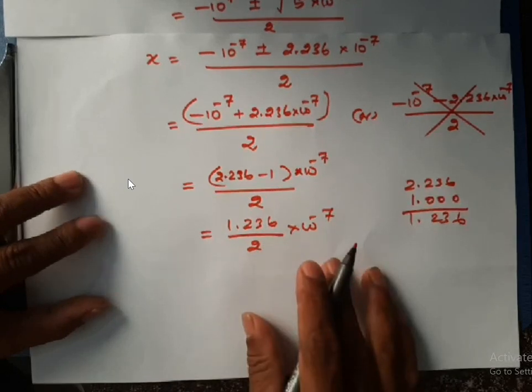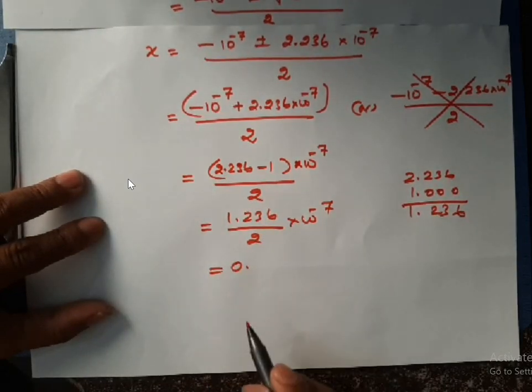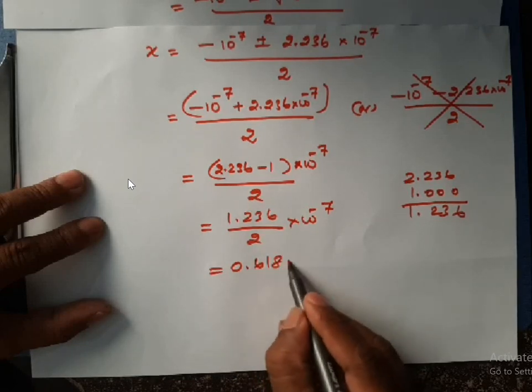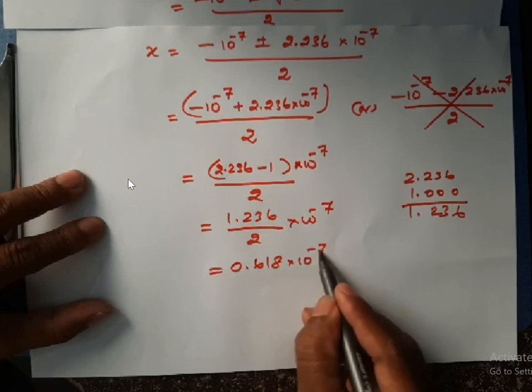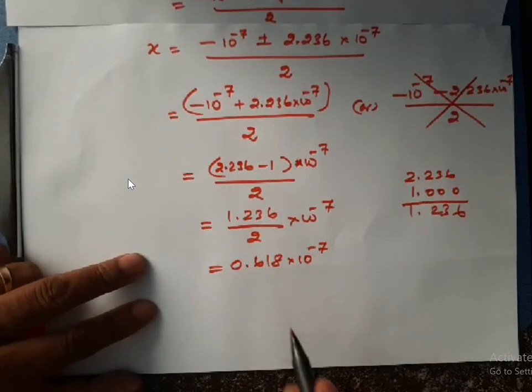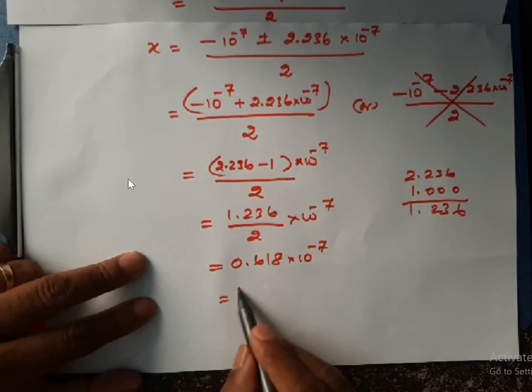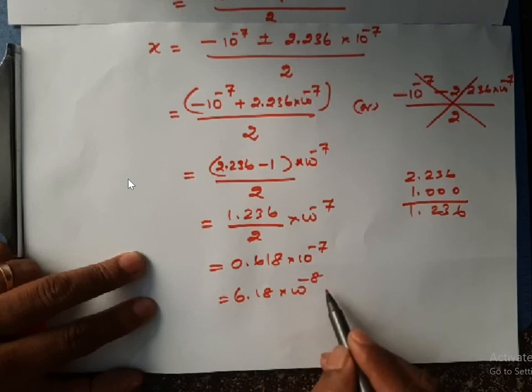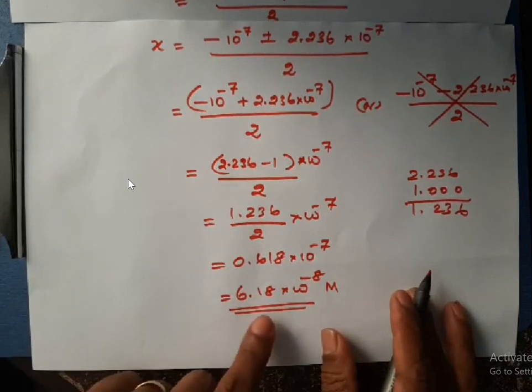If I divide this value by 2, I'll get 0.618 into 10 power minus 7, or we can write this as 6.18 into 10 power minus 8. This is molarity. This is the value of X.